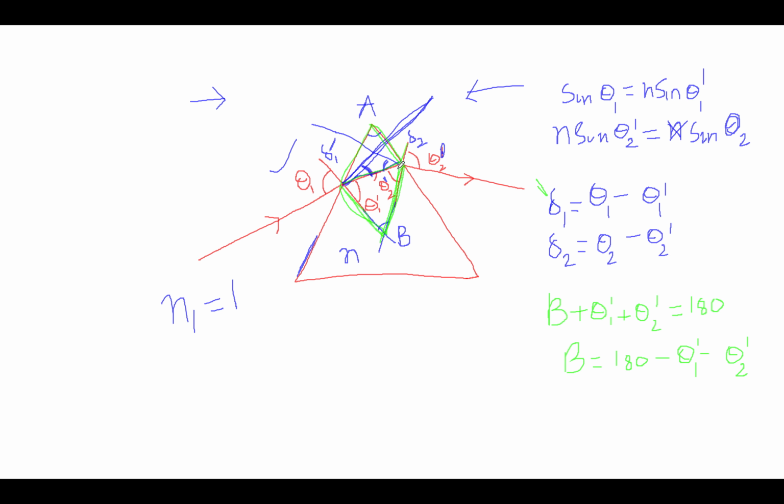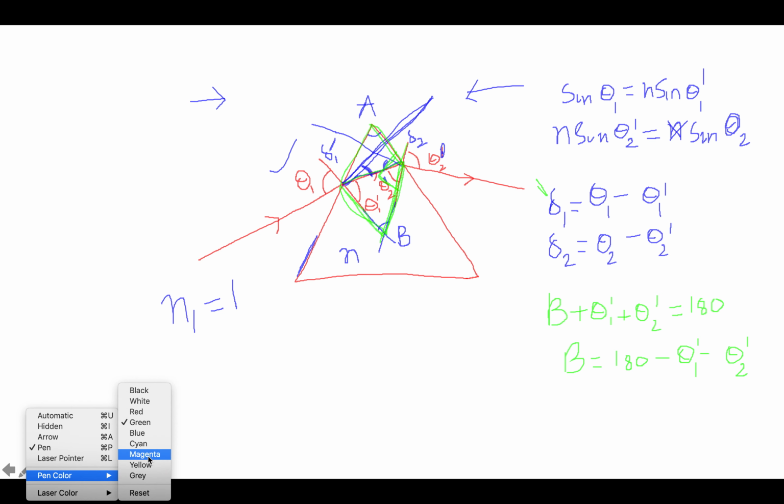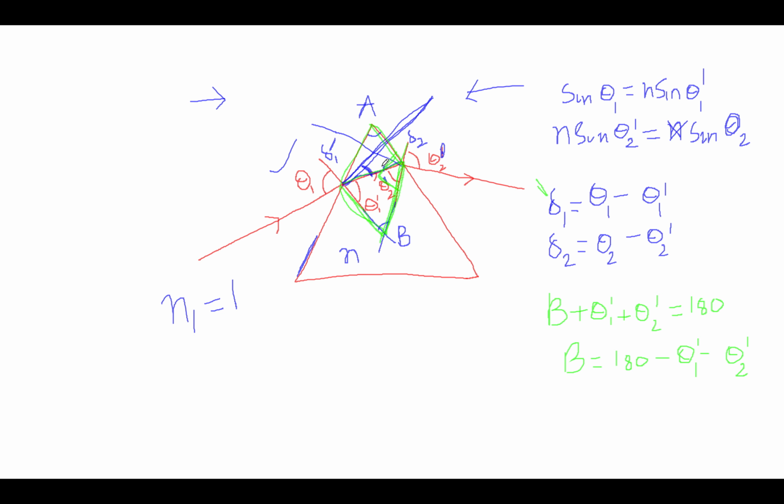So this total angle is 90 degrees. Let me draw it with another color so that you can see it more clearly. So let me use blue. So this angle between the normal and this is 90 degrees.